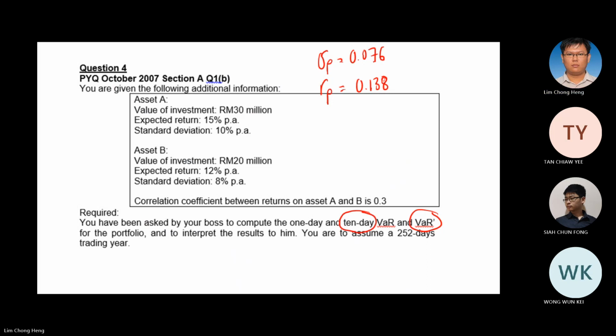Okay, so for this question, from here you need to convert to the daily. For the standard deviation, you need to square root of 252.